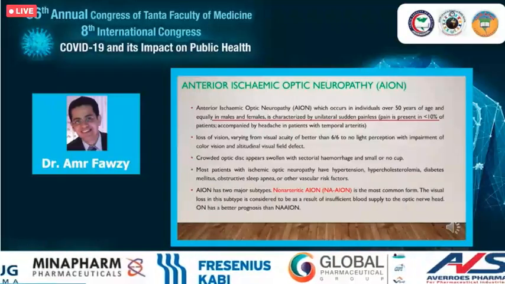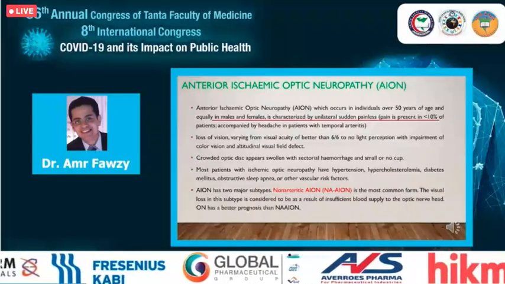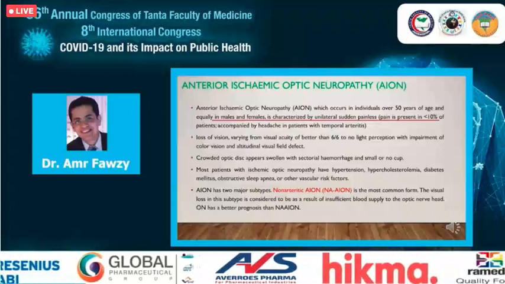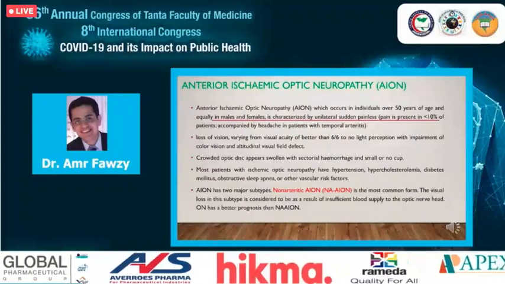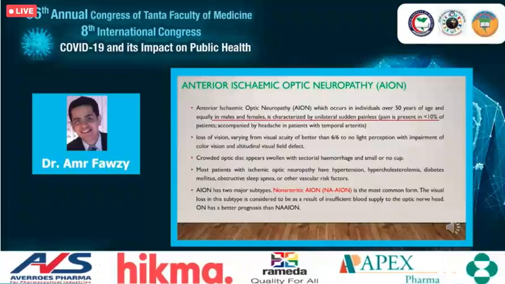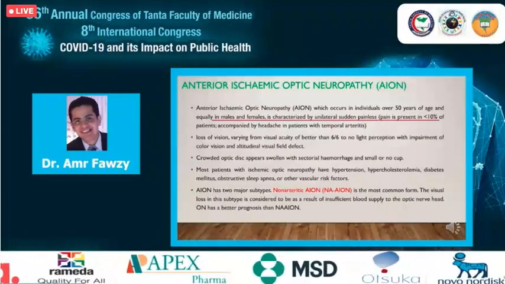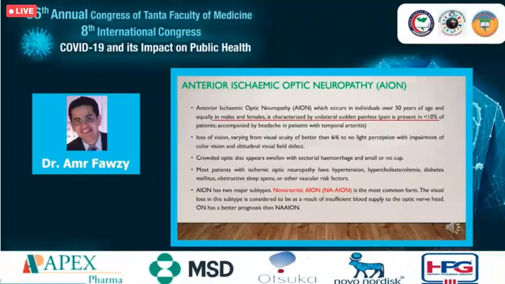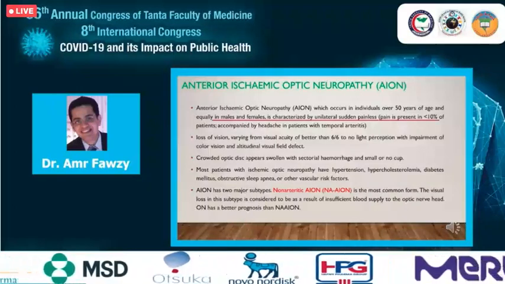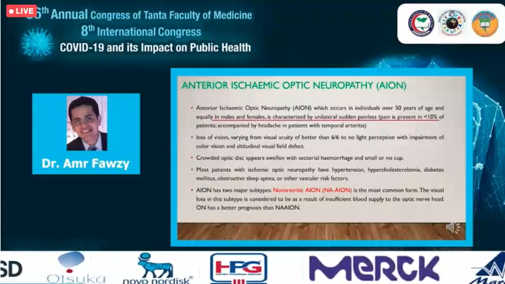Also in AION, the crowded optic disc appears swollen with sectorial hemorrhage and small or no cup. Most patients have hypertension, hypercholesterolemia, diabetes mellitus, obstructive sleep apnea, or other vascular risk factors.